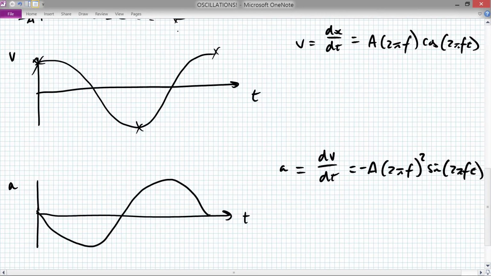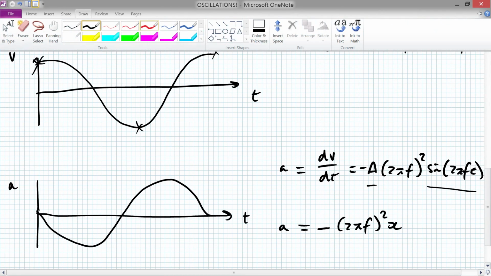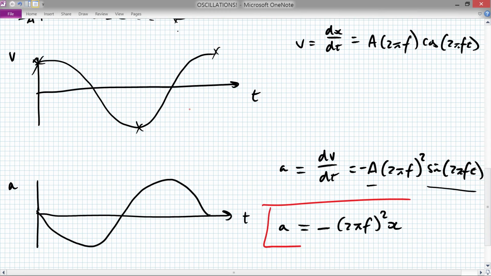And that's nice because, again, if you do that, you can see here that sine 2 pi f t is actually just x, so that gives us a is equal to minus 2 pi f squared x, which follows the rules we were after, which is great.